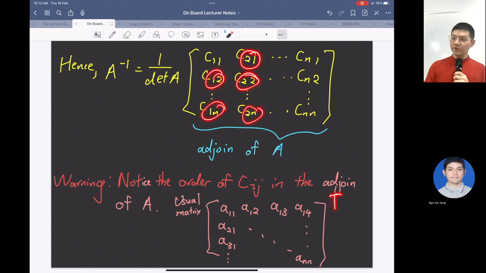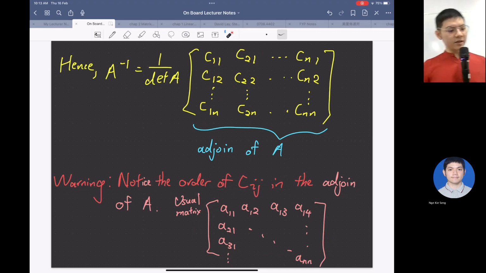It's like the transpose of this. Everyone see it? Here is 1, 1, 2, 1, but 1, 1, 2, 1 should go downward in the usual matrix. So this arrangement is the transpose of the original notation for a matrix.